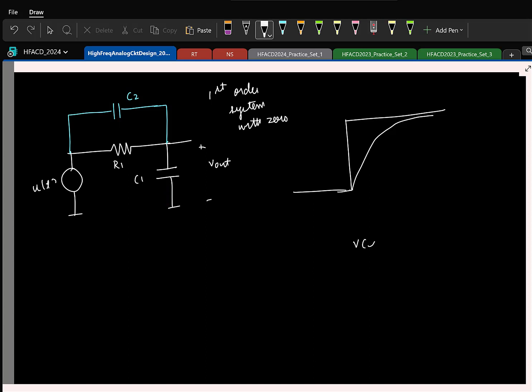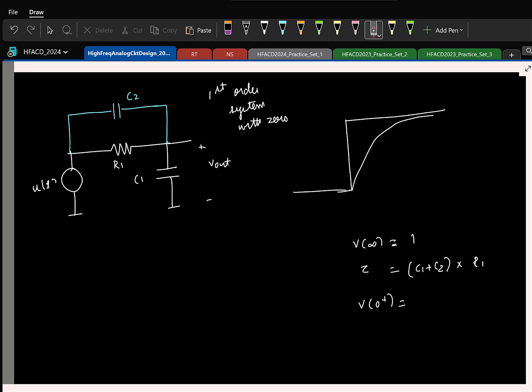So I'll say v of infinity is 1, right? And the time constant, what is the time constant? I short the input. What is the effective capacitance I have? What is the time constant then? Right? So now the only thing pending is 0 plus. What is that? It's 1 times C2 by C1 plus C2, capacitor division. Like they will offer very low impedance.